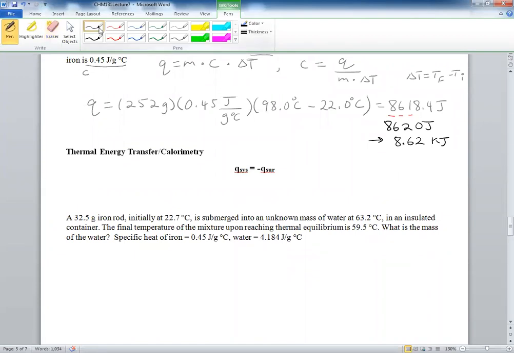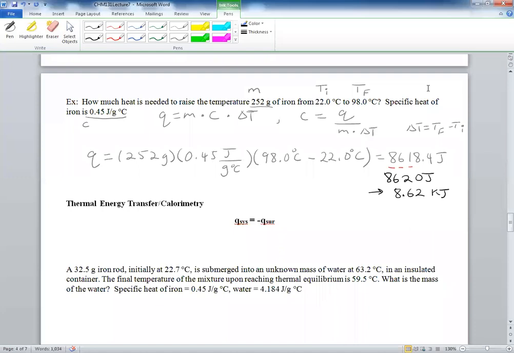So let's look at this equation. We just talked about how Q is equal to the mass times the specific heat times the change in temperature. So now you're going to incorporate this equation into this, or substitute for it.